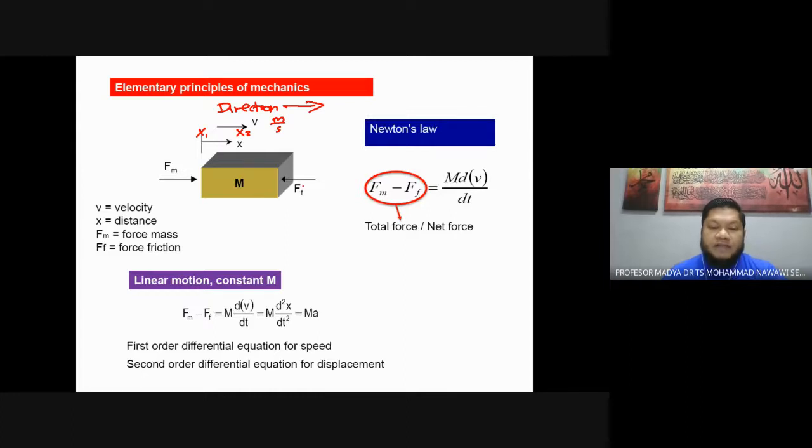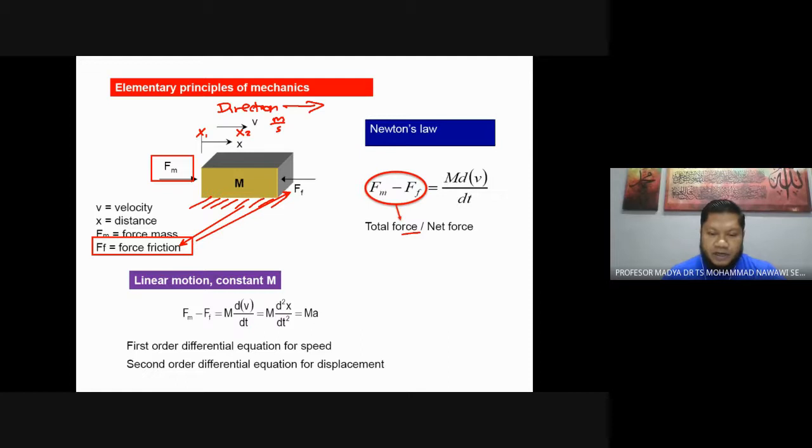And of course, we have the friction force Ff because of the floor, for example. On the surface there is friction, and it always acts opposite to the applied force. So Newton's law states that the total force, Fm minus the friction force, equals m multiplied by dv over dt.